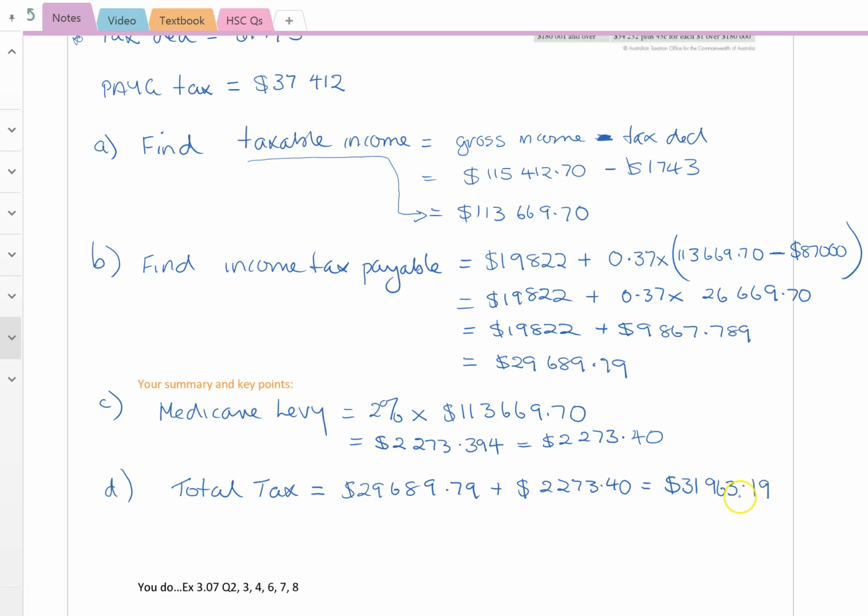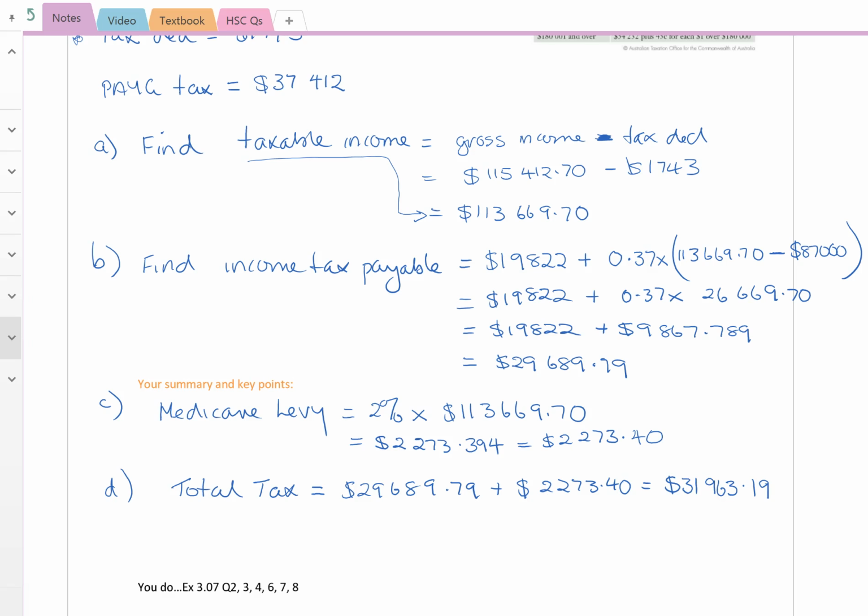So legally, she is bound to have paid to the taxation office $31,000, now almost $32,000. You can see why we don't leave it until the 30th of June to calculate this and then find that. That's a huge amount of money to find, almost $32,000.